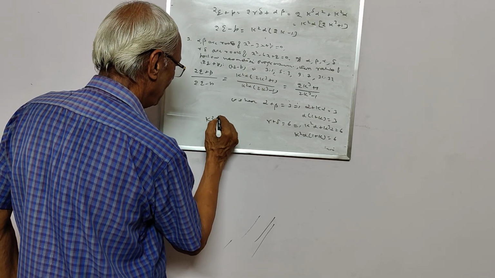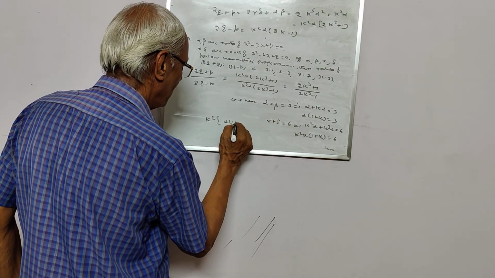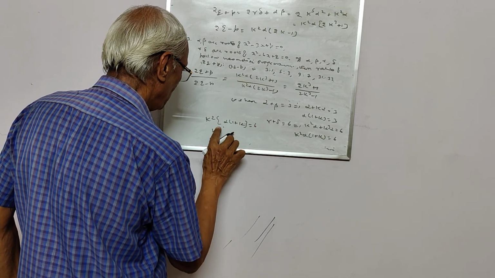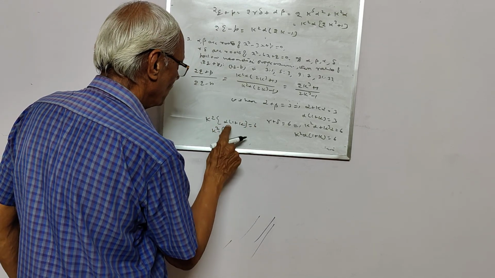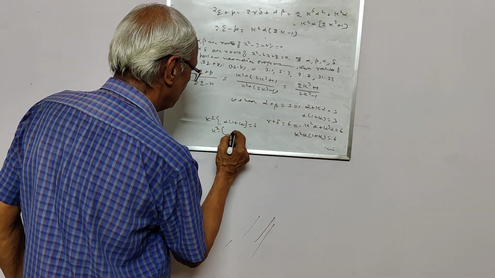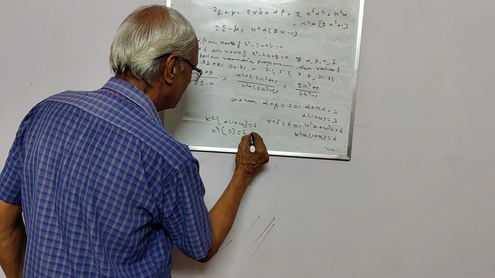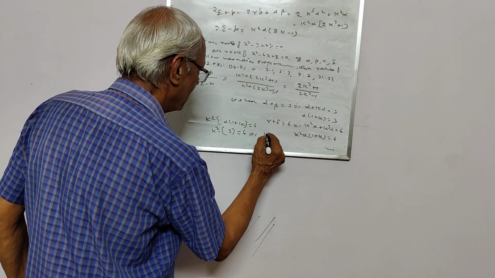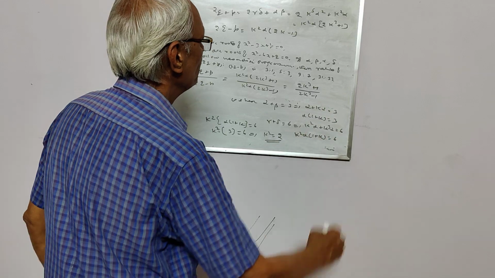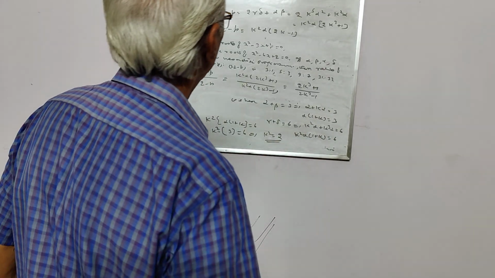That is k squared into alpha into 1 plus k is equal to 6. What is alpha into 1 plus k? It is 3, so k squared into 3 is equal to 6. So this implies k squared is equal to 2.